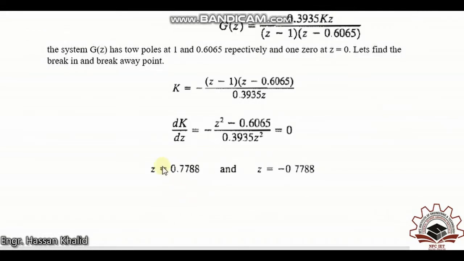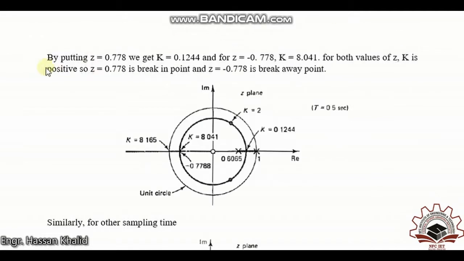Now if you put the value of z into this equation for the evaluation of K, you will be able to find the two values of K. By putting z equal to 0.778, you will get K equal to 0.1244, and for z equal to minus 0.778, K is equal to 8.041.